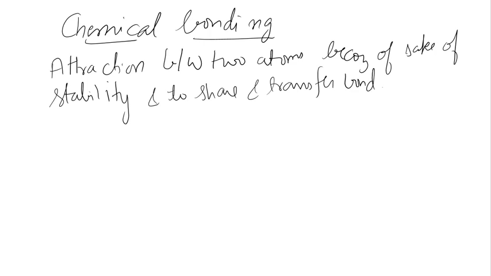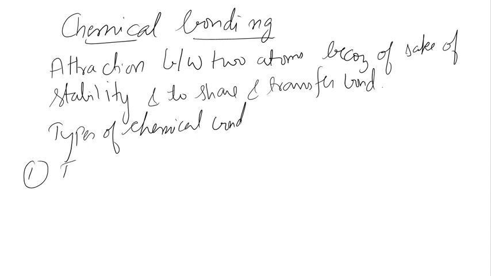Now let's move toward the types of chemical bond. There are three types of chemical bond. Number one is ionic bond.